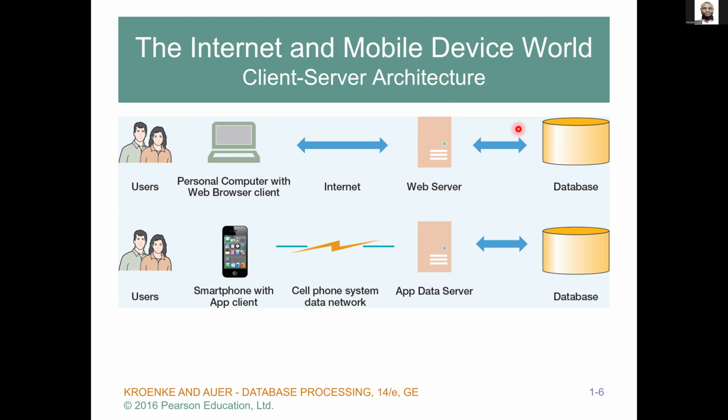If we are saving information, it will pass through the internet to the server into the database. If we are extracting information, like we want to view our results, it will also pass from the database to the server and then to us.